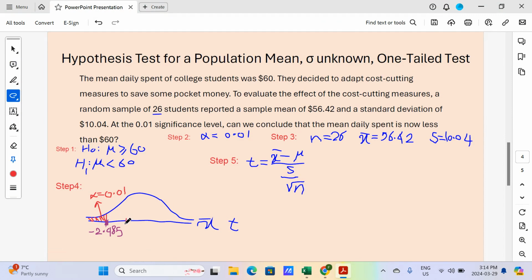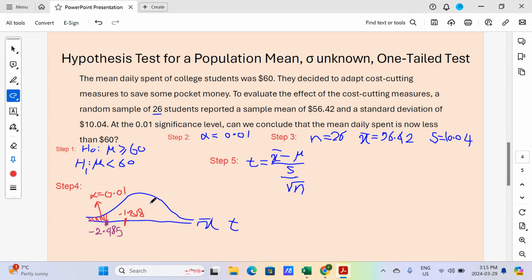We are almost here. Here is minus 1.818. Look at here, it's the t-value of x bar. The t-value of x bar doesn't fall in the rejection region. It's in the don't reject H0 region.